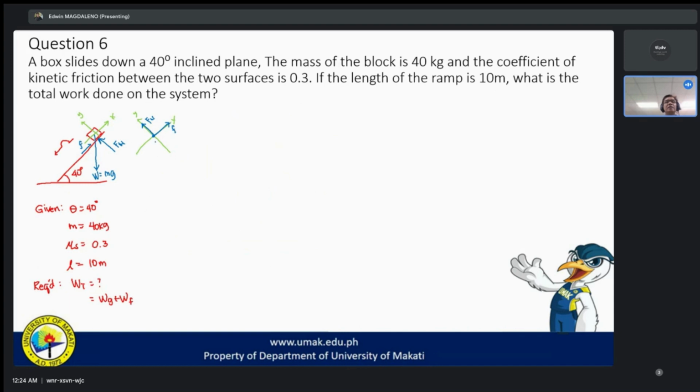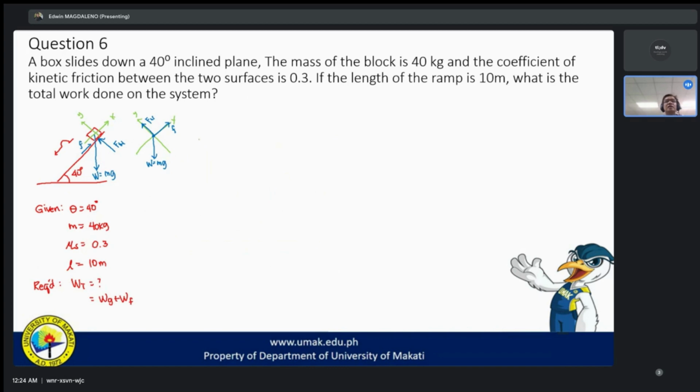And we have weight going down, which is mass times gravity. And finally, in our diagram, we need to straighten up the Cartesian plane.